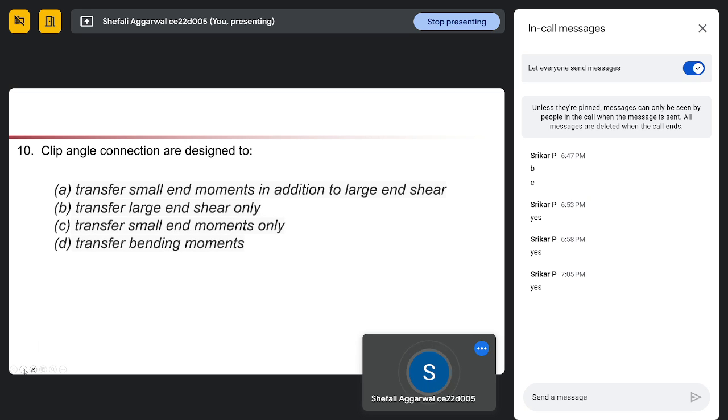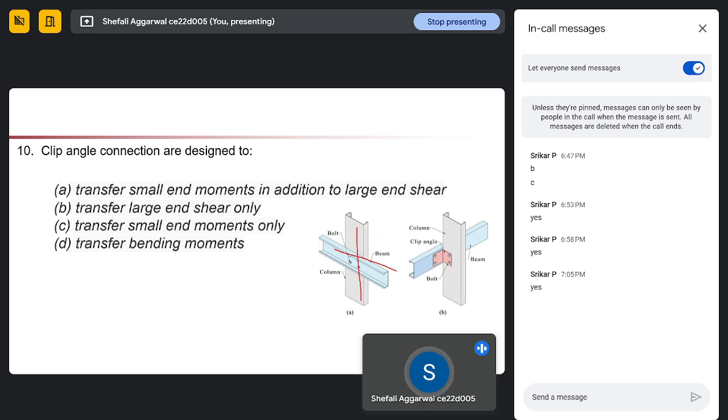Next is, the clip angle connections are designed to transfer small end moments in addition to the large end shear, transfer large end shear only, transfer small end moments only, or transfer bending. So first we will see what exactly are the clip angles. If this plate is connected to this plate, we are using bolts here.